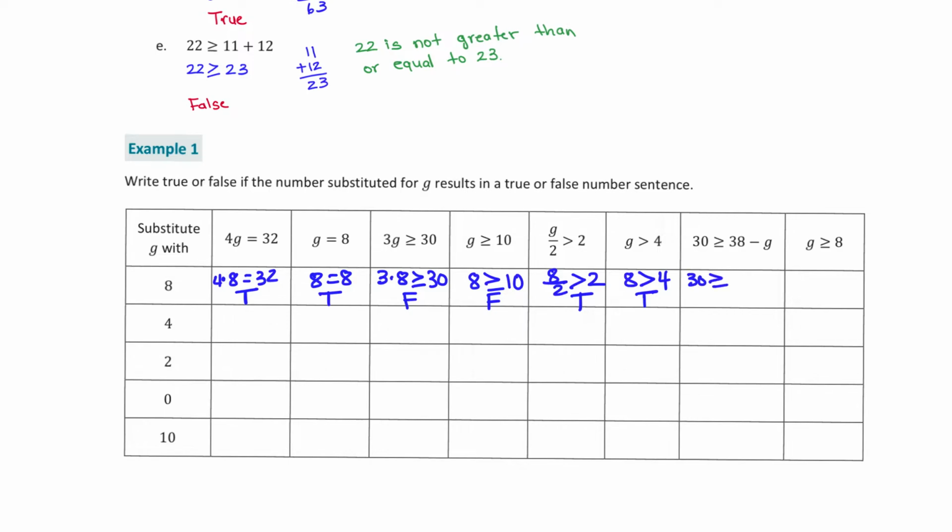Is 38 minus 8 less than 30? The answer is false, because 38 minus 8 is 30, and 30 is not less than 30. So that would be false. And the last one, 8 is greater than or equal to 8, and the answer is false because they're equal.